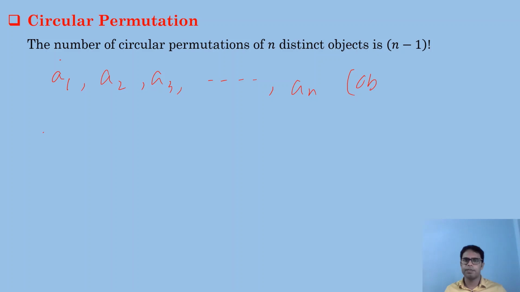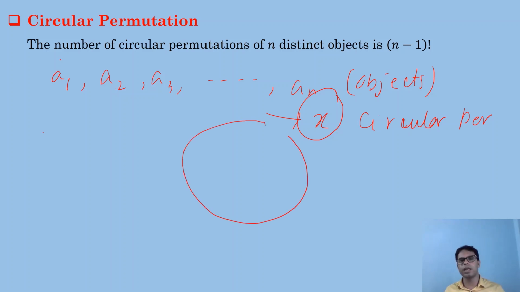Then how many linear permutations? Let me take that there are x circular permutations. First of all, from one circular permutation, how many linear permutations can be obtained? First we will find that one. We will consider just one circular permutation.